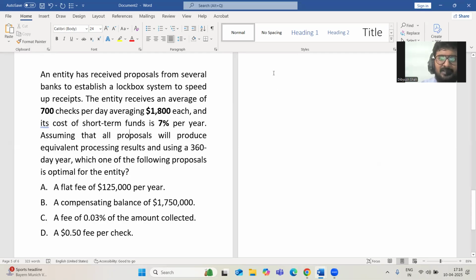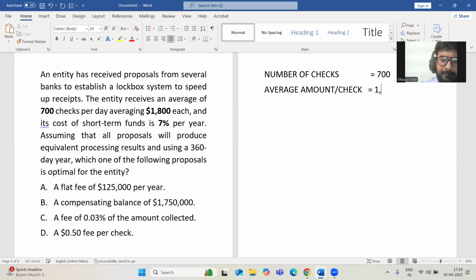First of all, let me see the number of checks each day, that is 700, and average amount per check, 1,800. This is constant, the benefit will be constant. So I will go by wherever the fee is lowest.